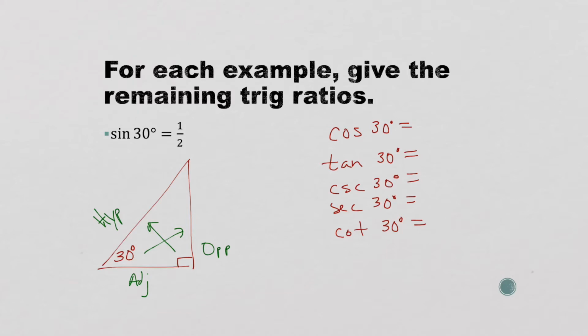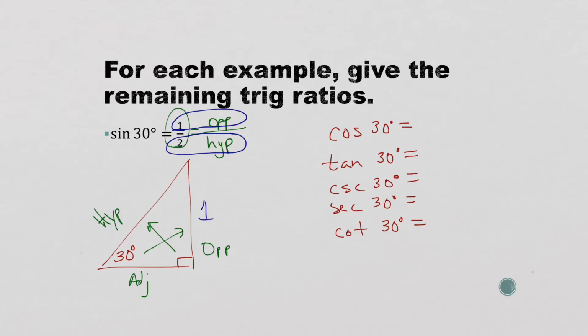So now that I have my sides labeled, I need to figure out, what does that 1/2 mean? Well, if we remember, sine is opposite over hypotenuse. Therefore, the opposite side is 1, and the length of the hypotenuse is 2.